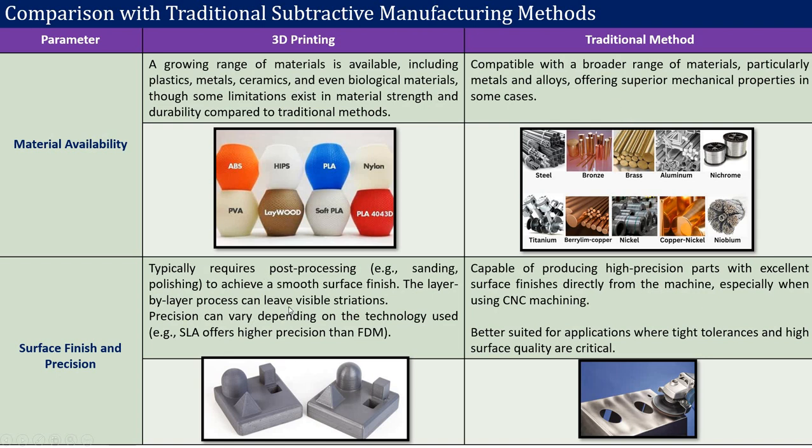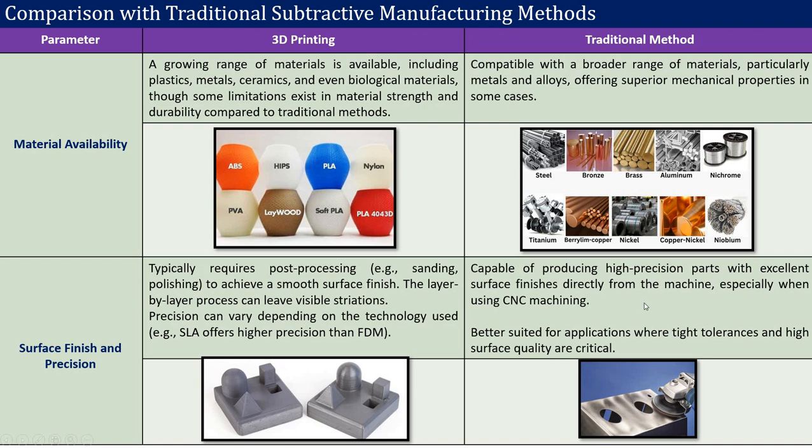Surface finish and precision. In case of 3D printing, the surface finish is very superior. We need to do certain post processing for the parts developed by 3D printing, and we get the required surface finish and precision. In traditional methods also, post processing is required, but it is costly.